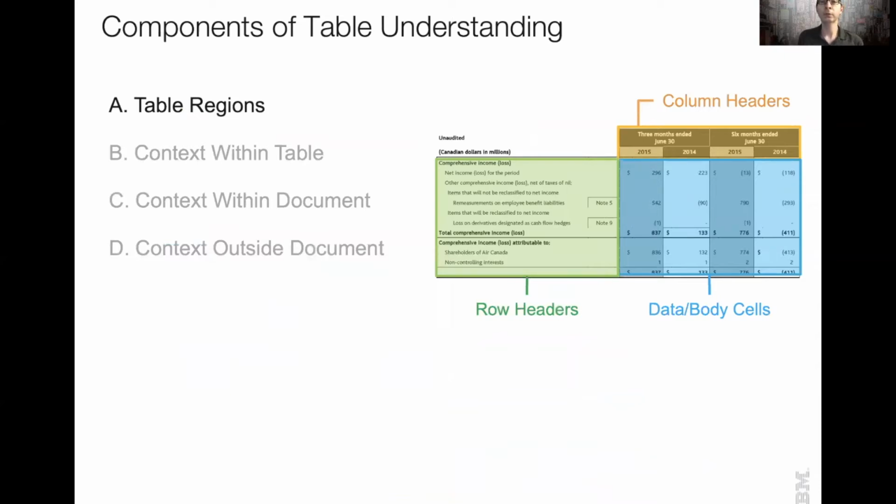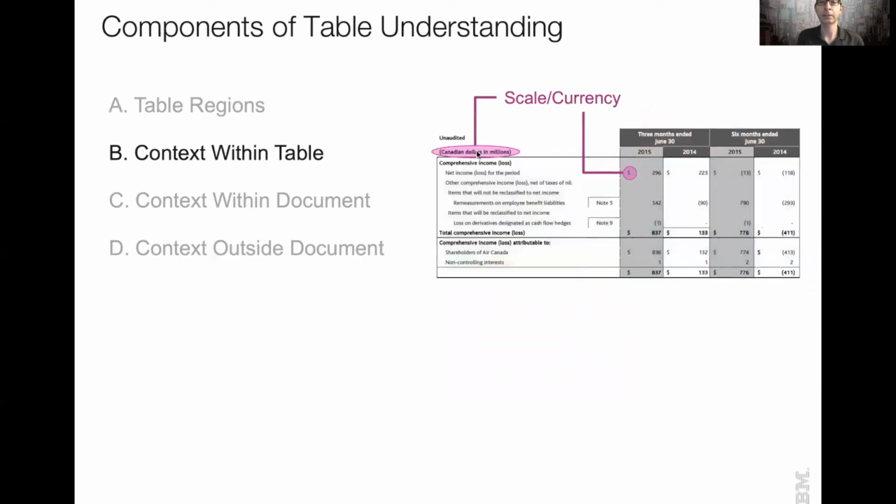First, we will be talking about identifying big table regions that contain information about the columns and the rows of the table, which are commonly called the column headers and the row headers. Then we will present approaches that try to find context that appears in other places within the table, such as the currency and the scale in our example.